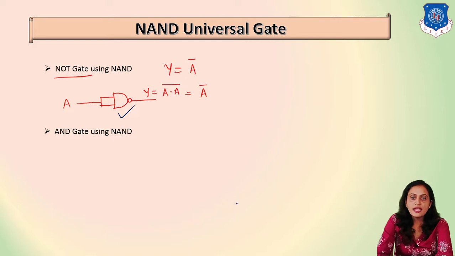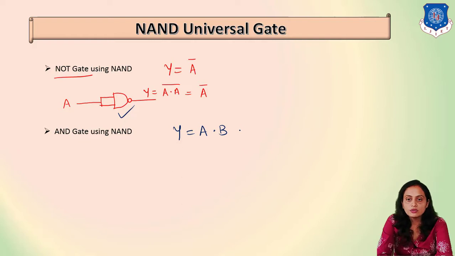Now we will see the AND gate using the NAND gate, and for that I will write the Boolean equation for the AND gate, that is output Y is A dot B. I want to design this AND gate using the NAND. If I put 2 times inverse, then the logic doesn't change, right?